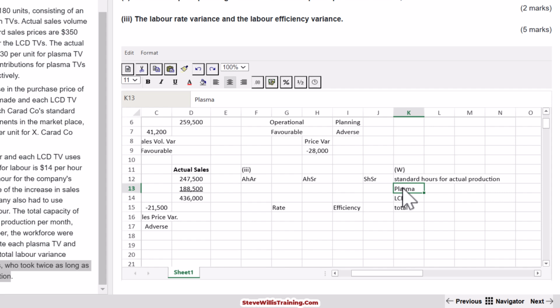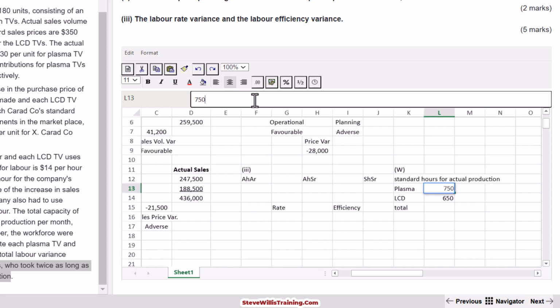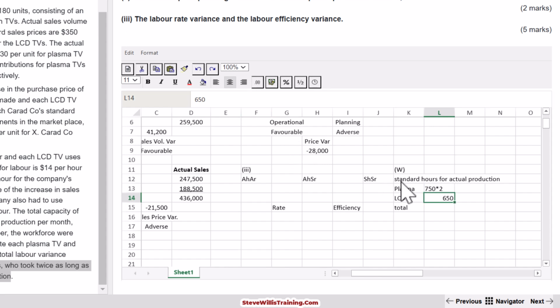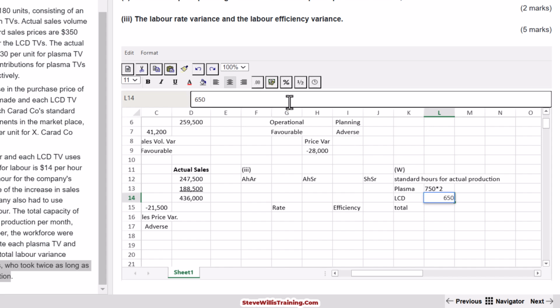And we made 750 plasmas, 650 LCDs. A plasma should take 2. An LCD should take how much? 1.5, right?